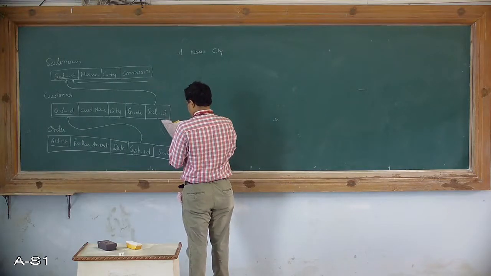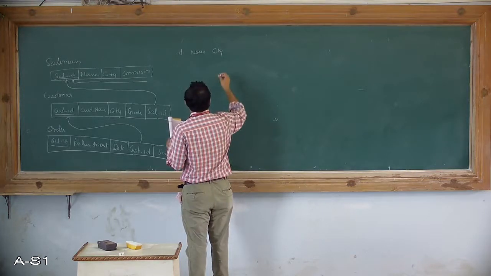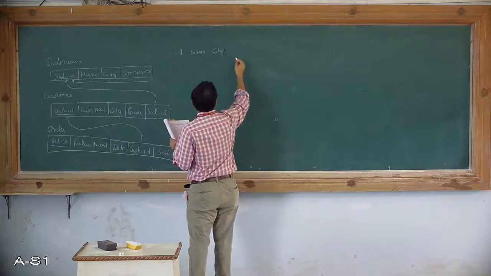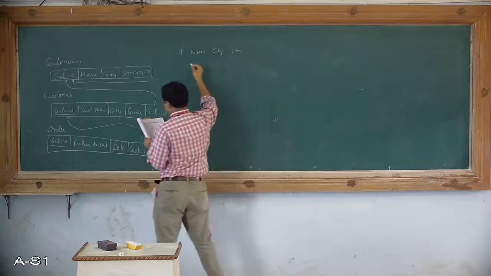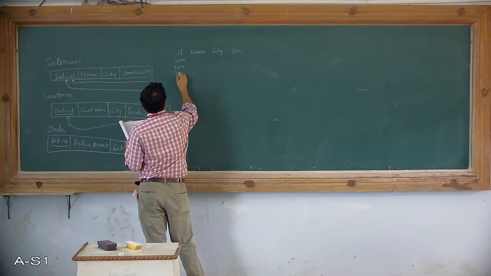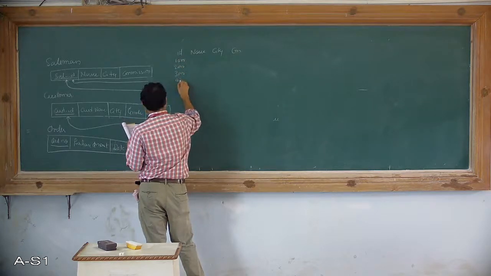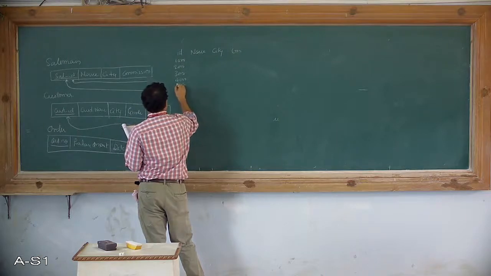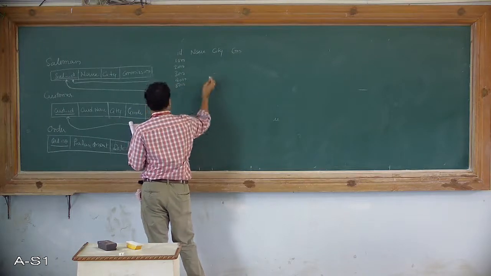What is our first query here? Fine. So ID, name, city, commission. For ID I have got 1000, 2000, 3000, 4000, and this could be any number, 5000.